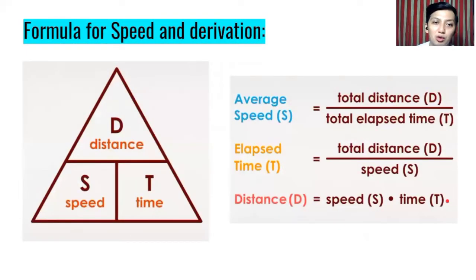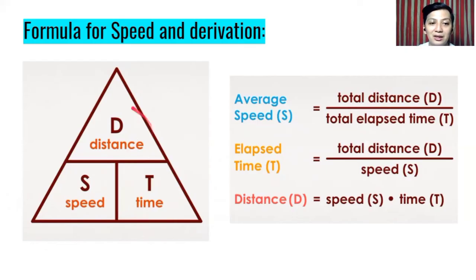If you're going to solve for the speed, this is the formula that you should use. Average speed is total distance divided by total elapsed time, or distance divided by time. Ang speed, pwede natin makuha, just look at this triangle. Okay, para hindi kayo mahirapan. Kapag si speed ang hinahanap, distance divided by time.